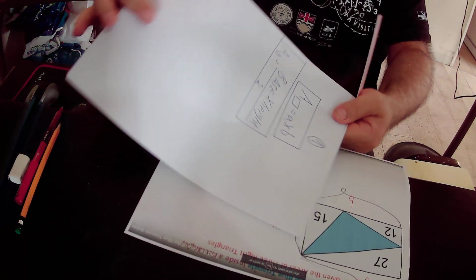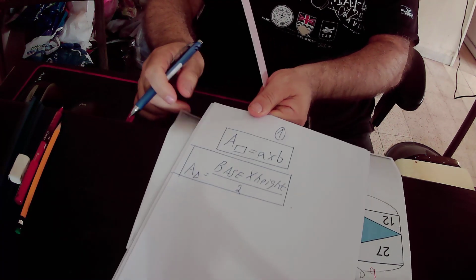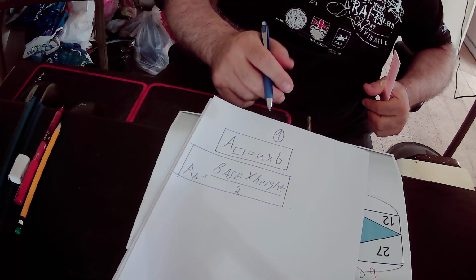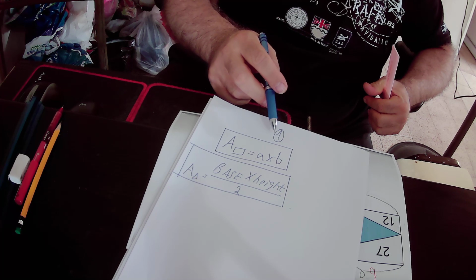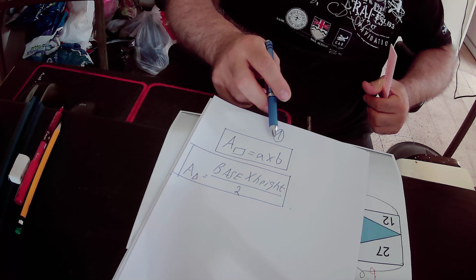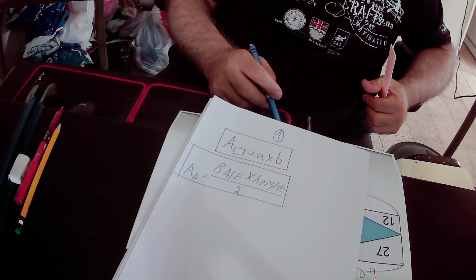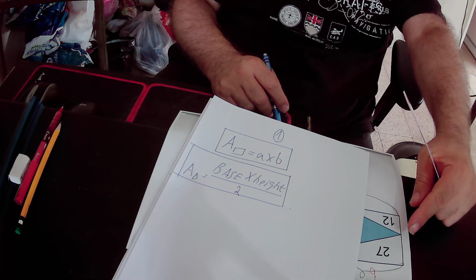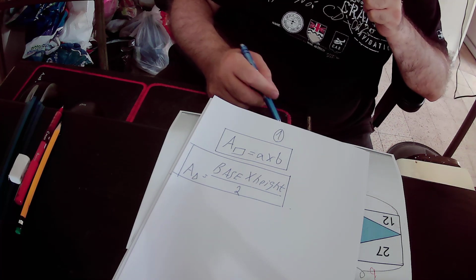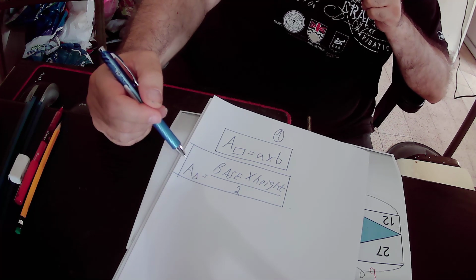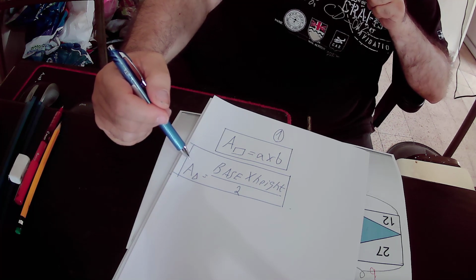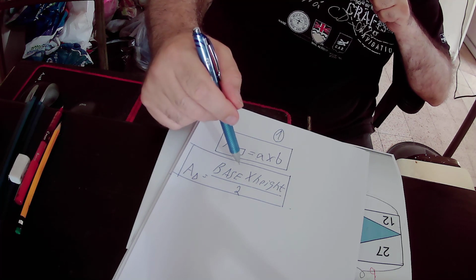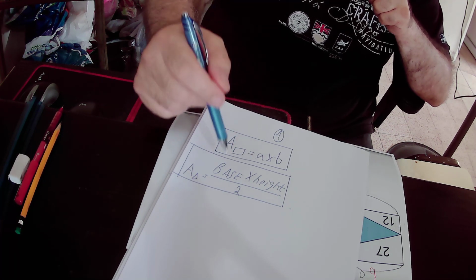Okay, the area of a rectangle is the length of the rectangle times the height of the rectangle. In our case it is A times B. And the formula for the area of a triangle equals the base of the triangle times the height to the base, all divided by 2.